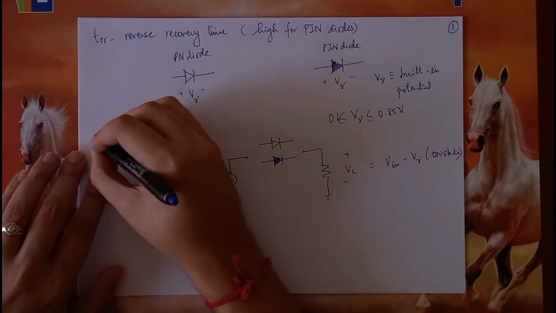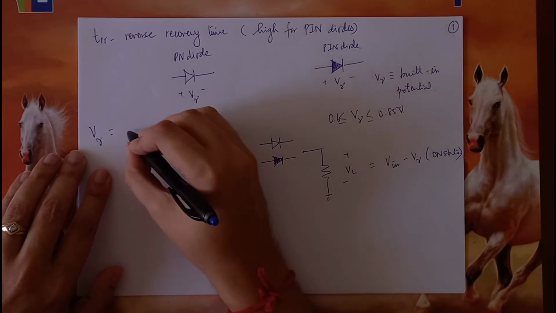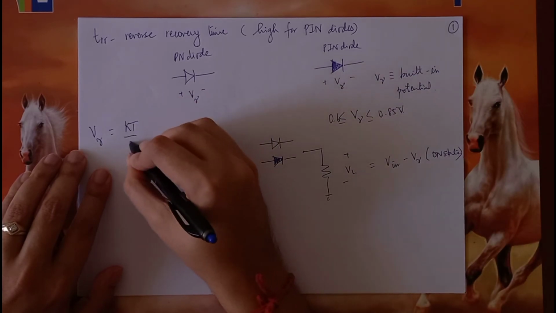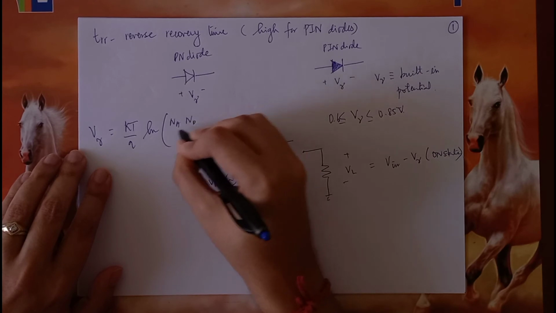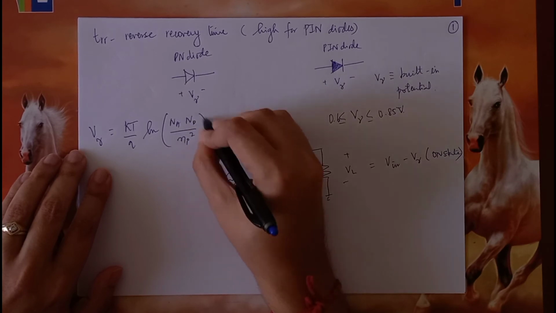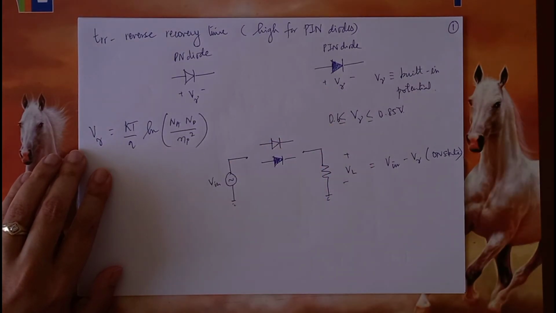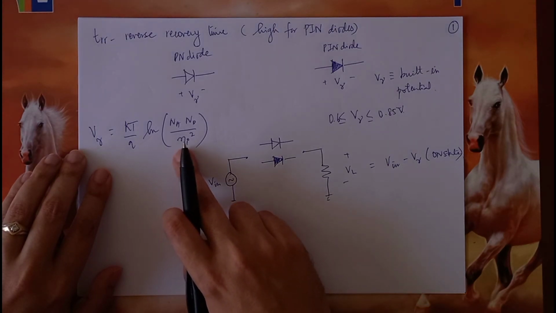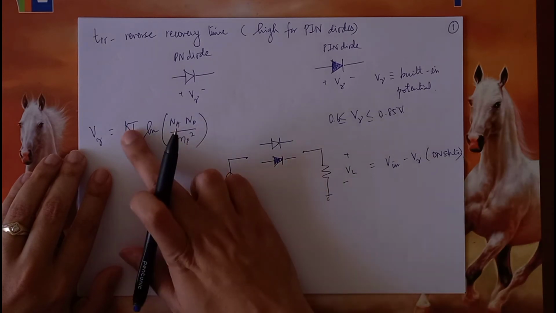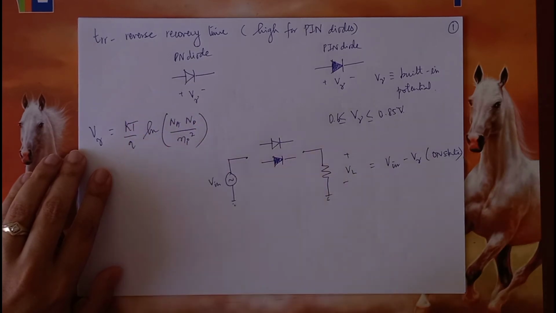As you know, the built-in potential V gamma is effectively kT by q times ln of Na times Nd divided by Ni squared, where Na and Nd are the acceptor and donor ion concentrations in the P and N sides, and Ni is the intrinsic carrier concentration. k is the Boltzmann constant, T is temperature, and q is the electronic charge.